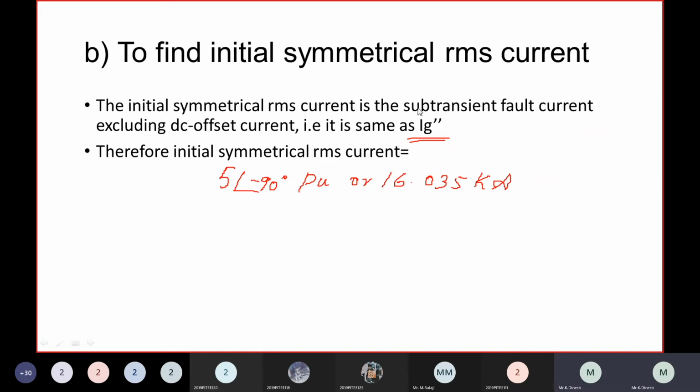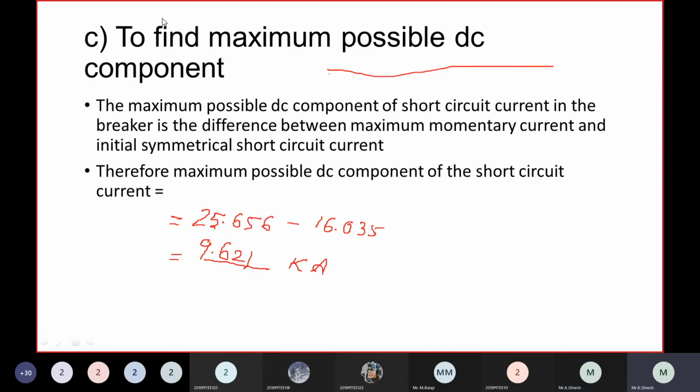So subdivision B is over. C is to find the maximum possible DC component. The maximum possible DC component of short circuit current in the breaker is the difference between the maximum momentary current and the initial symmetrical short circuit current.